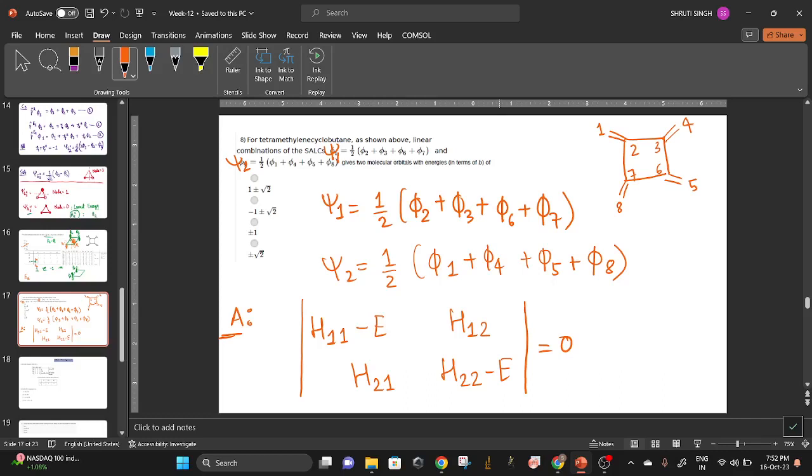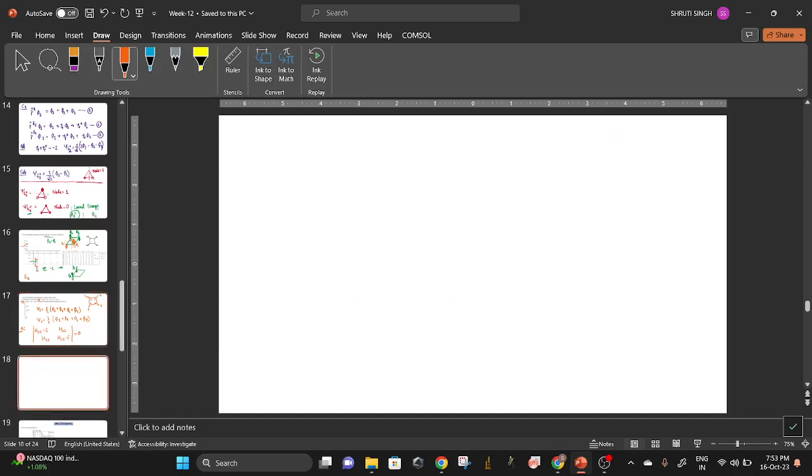So how will we define H11? Because this is not yet a molecular orbital, it is SALC. So this is not an atomic orbital. So H11 does not correspond to Huckel H11. So we have to convert it.